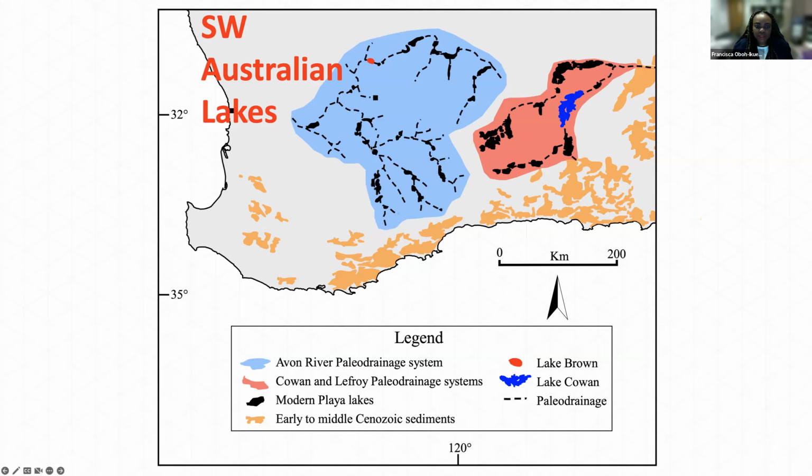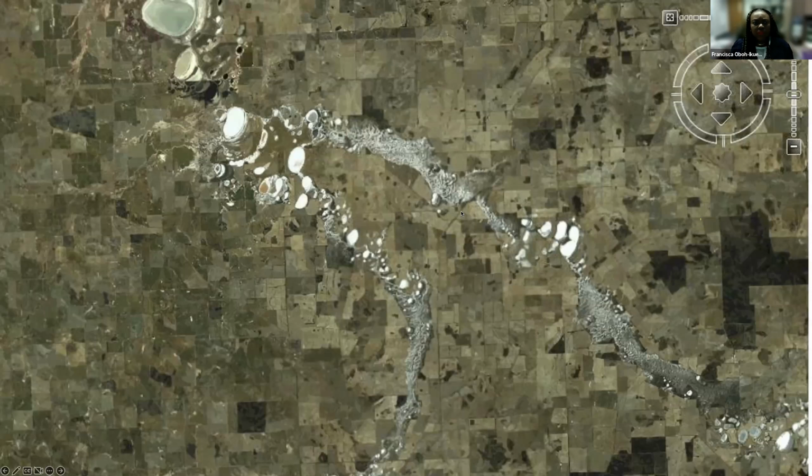In the southern part, we have a lot of paleo drainages. They are dry today, but when you look at the satellite images or the GIS images, you would see lakes aligned in what appear to be paleo drainages. We studied lakes in the Cowan Basin as well as the Avon Basin, right here. This is what they would look like. All these white specks are actually salt.